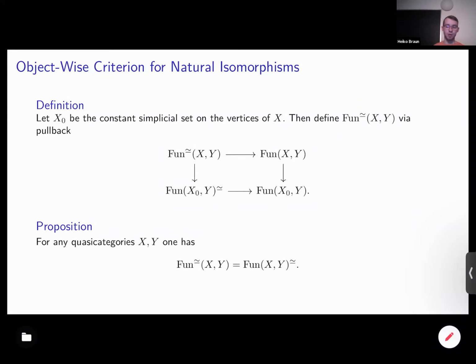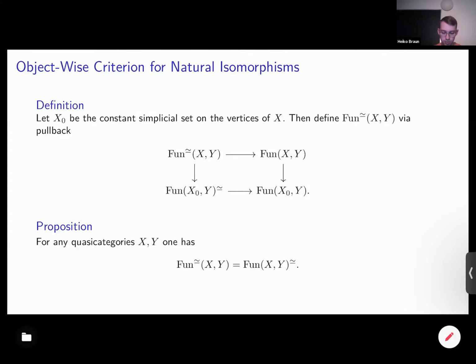We want to express the well-known statement for one-categories that when you have a natural transformation, in order to check that it's a natural isomorphism, you can just look at all the components, and if they are all invertible, then it's an isomorphism. This is rather obvious for the one-categorical case, but in infinity categories it's a bit more difficult, of course, because there is also higher stuff happening.